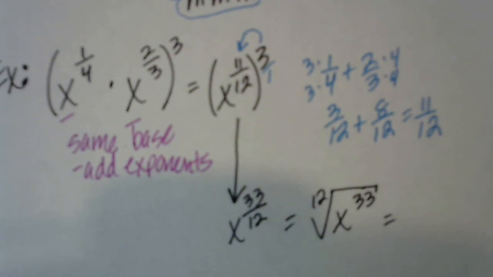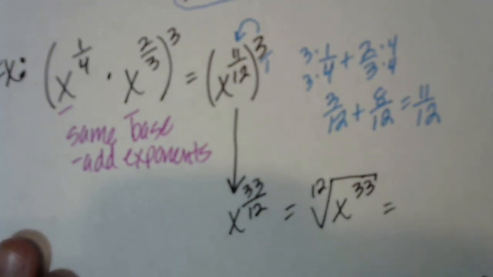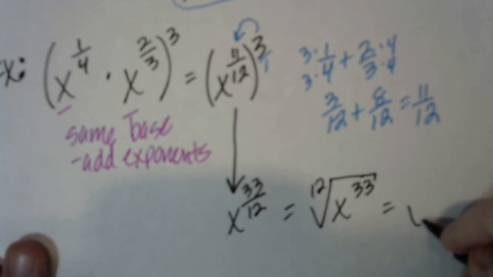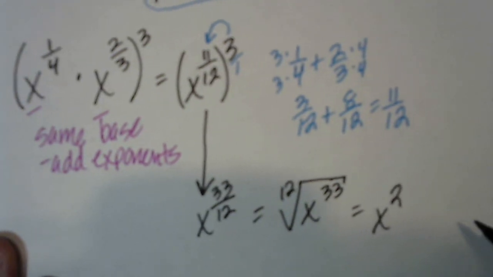12 goes into 33 2 times, right? So 2 x's get to come out.